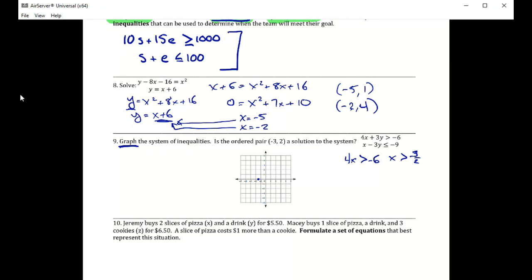And then we go back again, we put a 0 in for x, and we have 3y greater than -6, or y greater than -2. And we have right here. Now, greater than, dashed line.